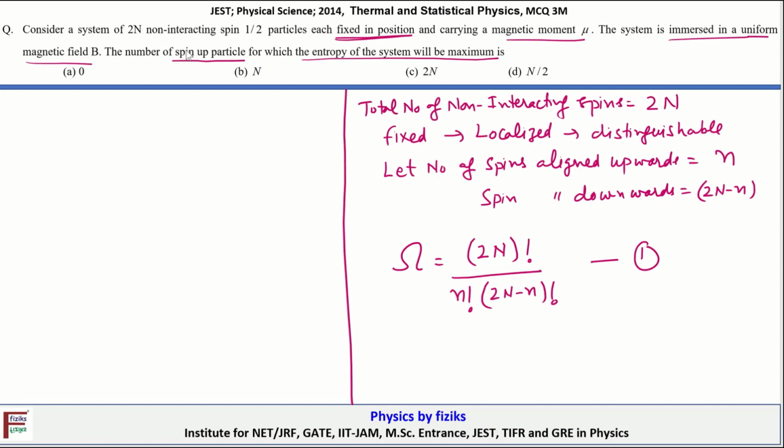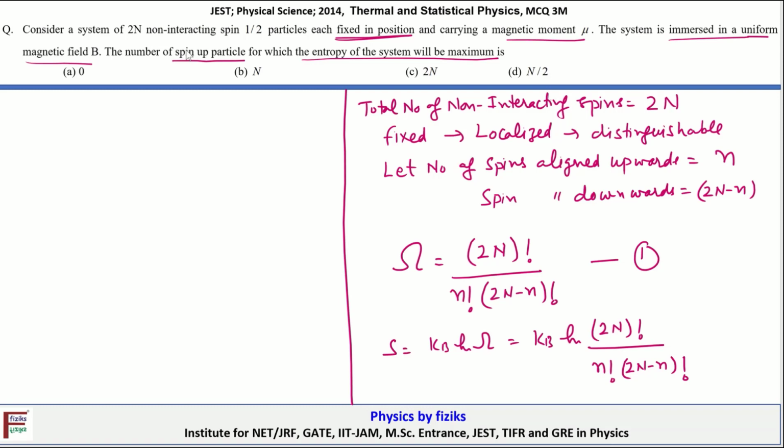Let's call this equation 1. Now the entropy for this system in terms of 2n and n is given by kB ln omega, which is equal to kB ln of 2n factorial upon n factorial into (2n minus n) factorial.